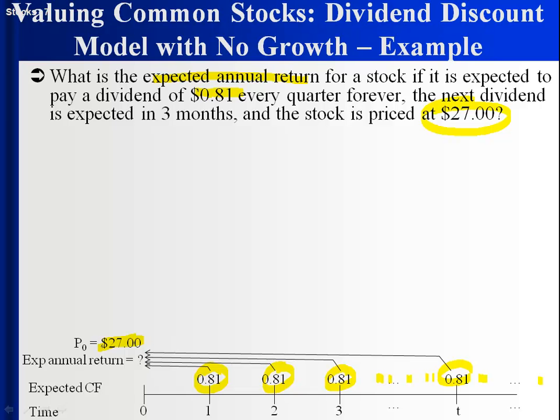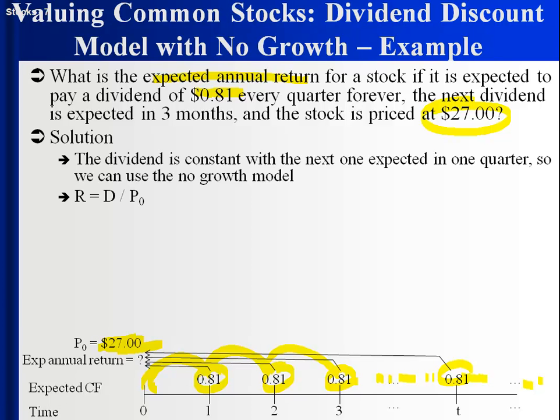So basically we want to know what the discount rate is, such that 81 over 1 plus R plus 81 over 1 plus R squared plus 81 over 1 plus R to the third, forever and ever and ever, is equal to 27. But again, we can say, aha, a fixed constant dividend, with the next one in a period. So I know that 27 is equal to 81 over R. I do a little bit of algebra, and R is equal to D over P0, which is 81 cents over $27. And I get R is 3%.